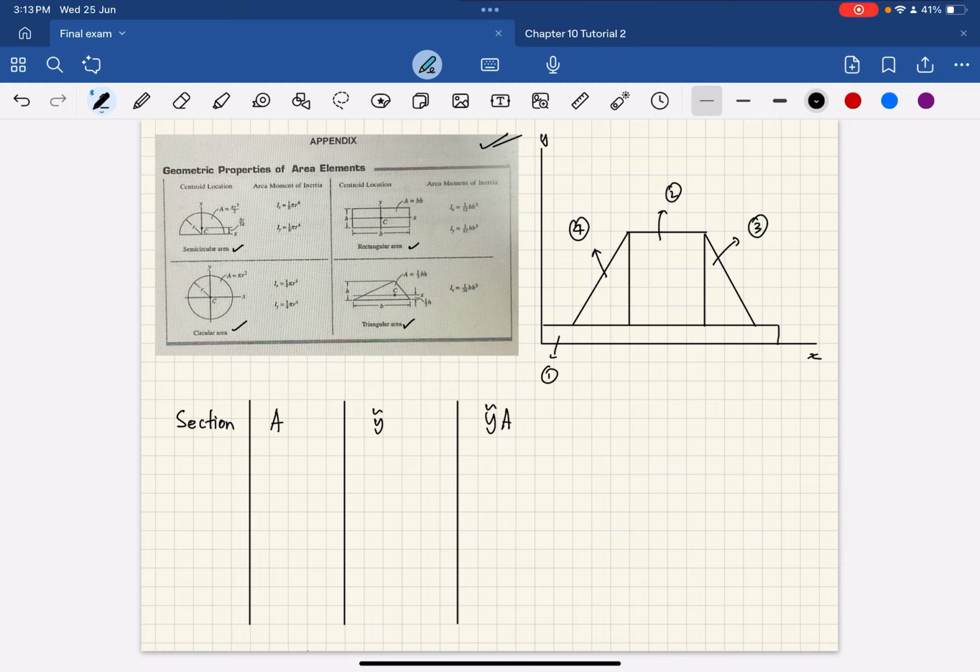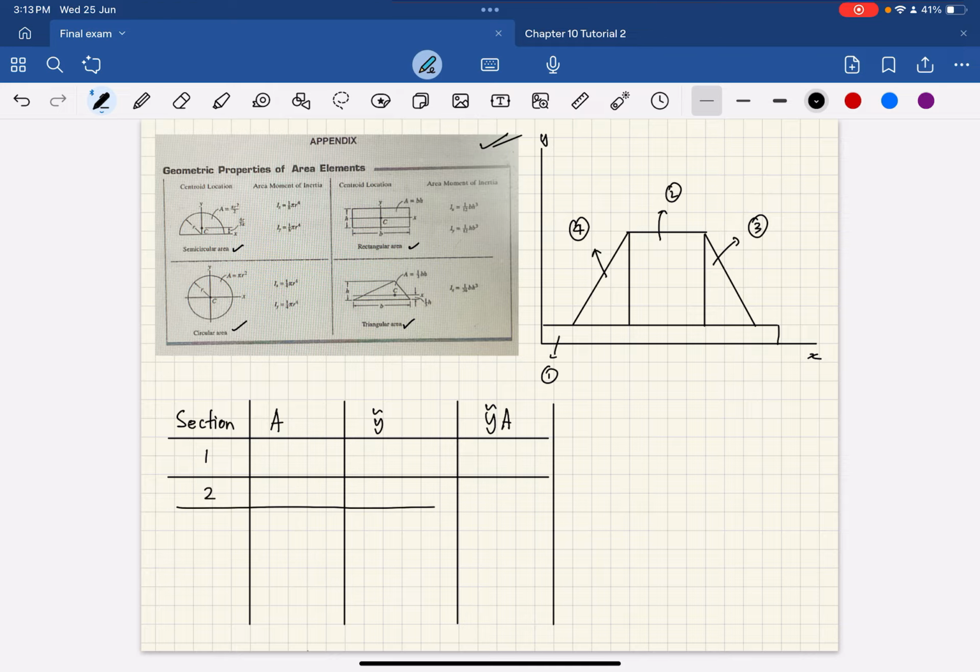With that being said, let's try to solve the problem. Sections 1, 2, 3, and 4, then the summation of area and the summation of y tilde area.